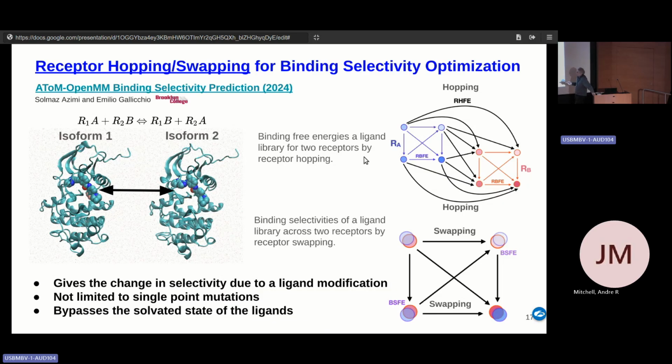It turns out the free energy of that process gives you the ratio of selectivity coefficients of the two ligands. Basically, you make a change to the ligand and you wonder, how much does the selectivity change with respect to, for example, your target and an off-target?